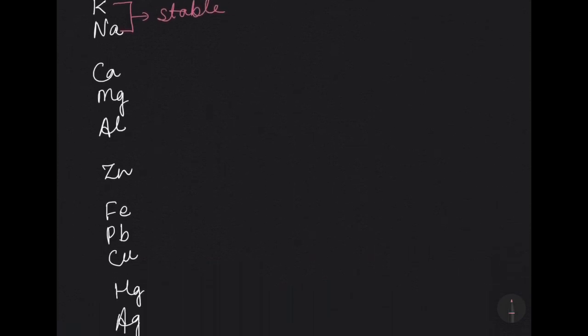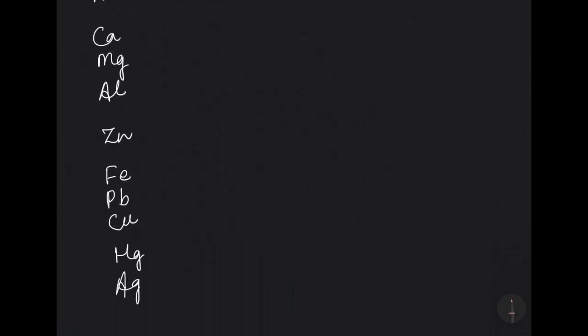They will not decompose on heating. Now as we move down again to this set of metals, from calcium to copper, you will see it decomposes on heating with decreasing vigor to form metal oxide and carbon dioxide. So what will be formed?